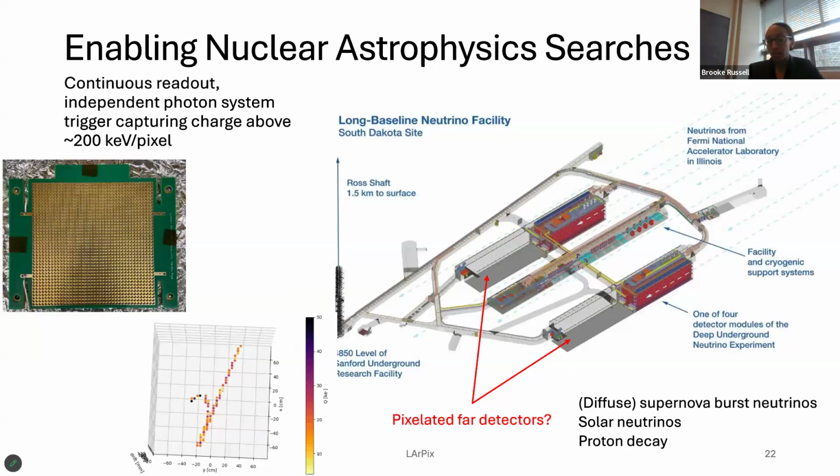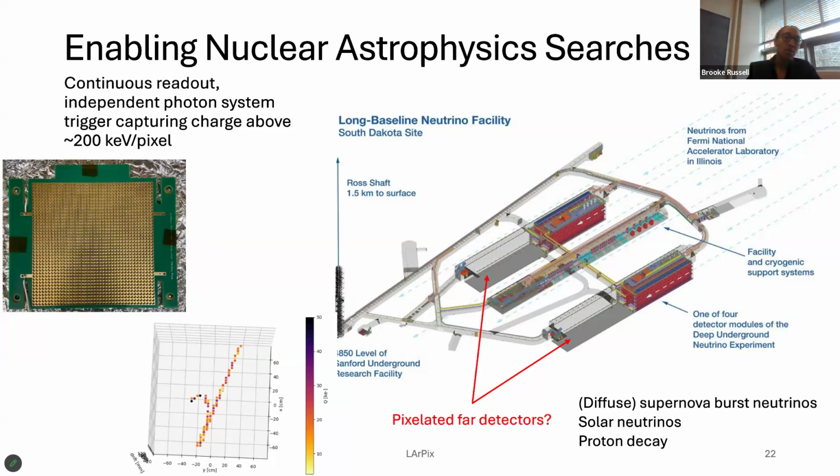I should note that this is a technology that's not only enabling for the near detector, but has potential applications at the far detector as well, specifically in nuclear astrophysics searches, for example, of our friend solar neutrinos, detection of supernova burst neutrinos, proton decay, and so on.